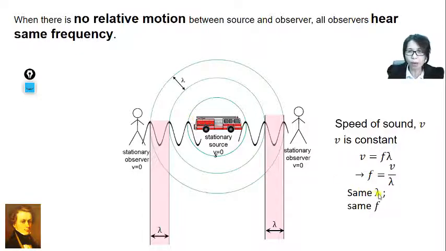So that means our wavelength is always the same. If our wavelength is always the same and our speed is constant, our frequency will remain the same. So when there is no relative motion between source and observer, we will hear the same frequency, meaning the sound of the same pitch.